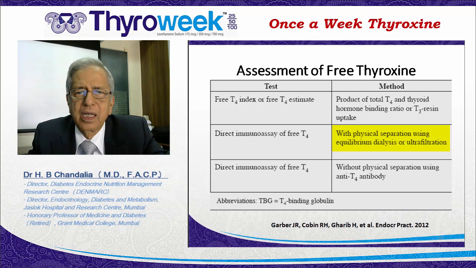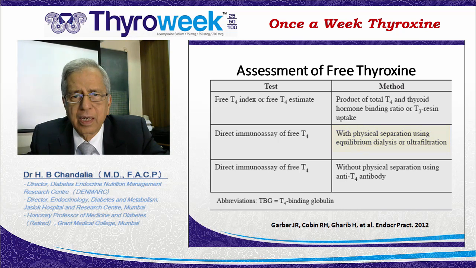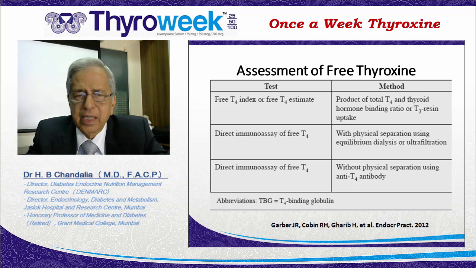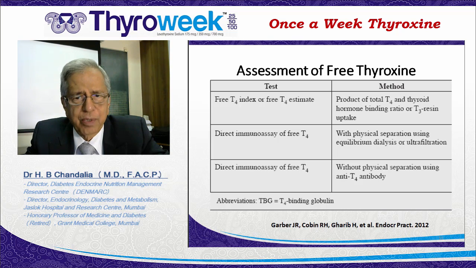But in clinical practice it is more often done by a technique where the immunoassay kit is made in such a way that the antibody primarily binds only to the free hormone or only to the bound hormone, and therefore separation is possible.